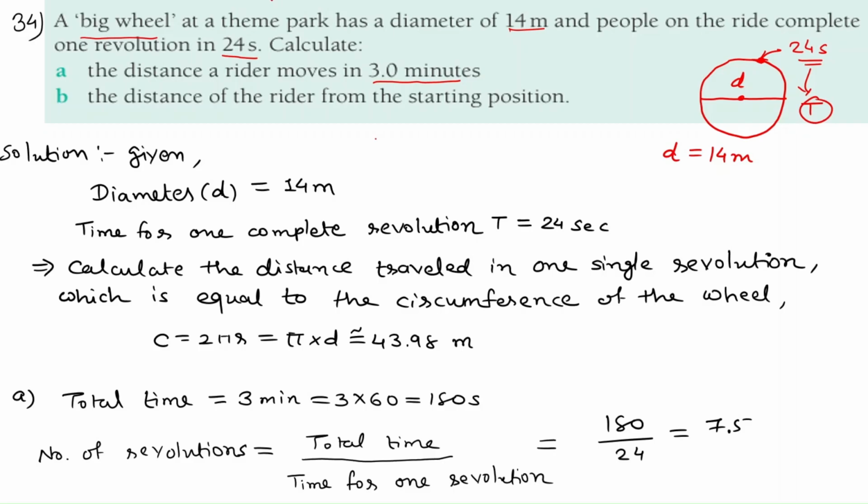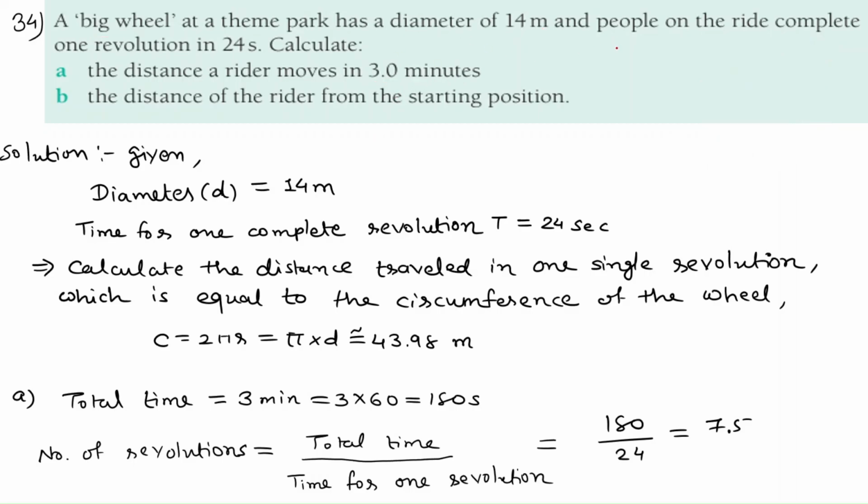So the time period of the big wheel is 24 seconds, and we have to find the distance the rider moves in 3 minutes. So in one rotation, it takes 24 seconds. Here I mentioned the time for one complete rotation is 24 seconds.